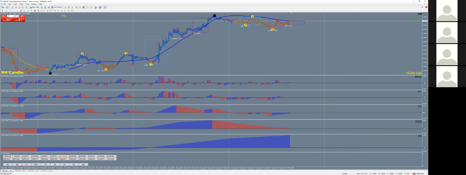Yeah, correct. From here to here. So in that range, the box at the opening of New York is in the 61 area. Yeah, this is mixed. H10 is going to go short. H3 wants to go long. Right.